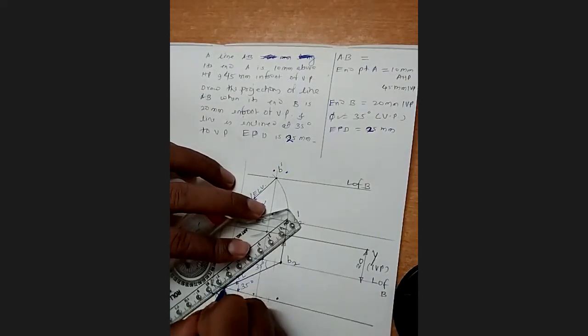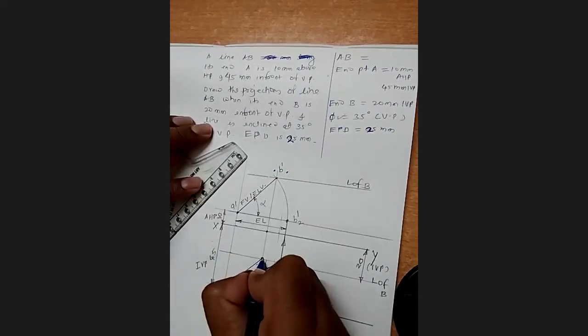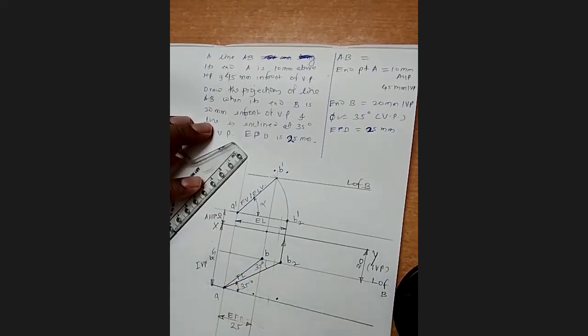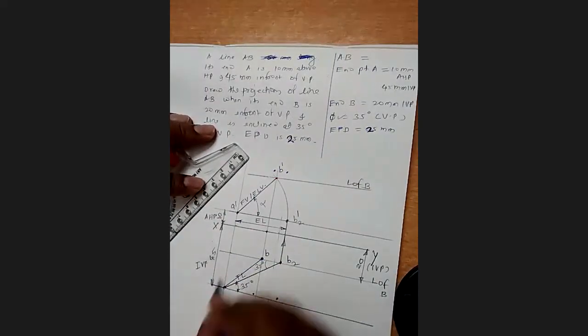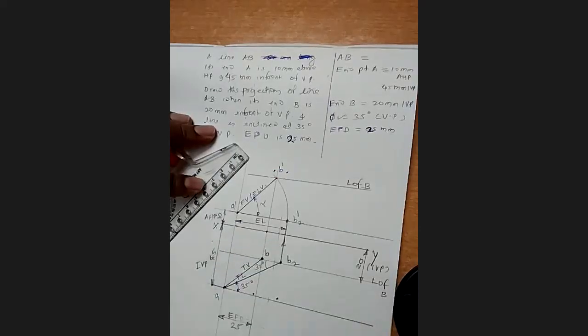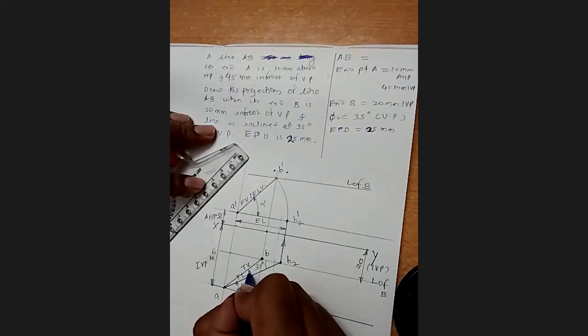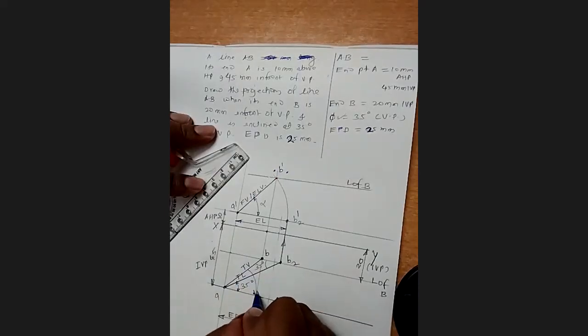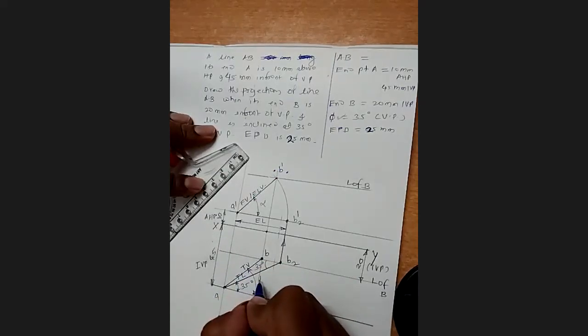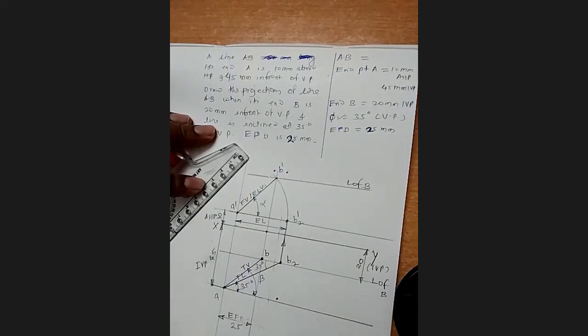This point you are going to get, this is going to be the point B, right? So this is going to be your plan or top view. Okay, and it will give another angle, and this angle is going to be the angle beta, right?